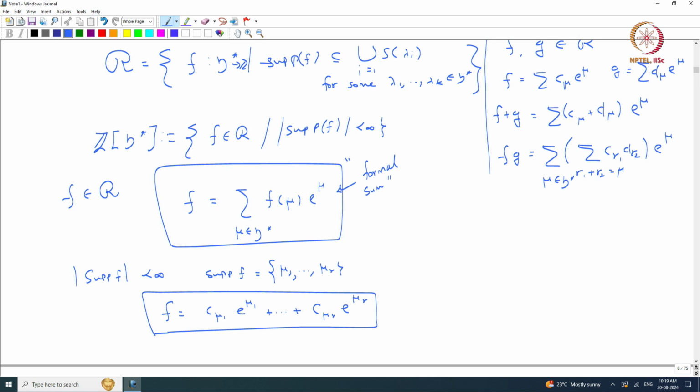Okay. So, indeed when we work with the characters that come from the finite dimensional representations, we will be able to cut down this H star to the weight lattice. So, we will be working with the group ring generated by the weight lattice, which is sitting inside H star. We will make a comment about it later when we consider the finite dimensional representations.